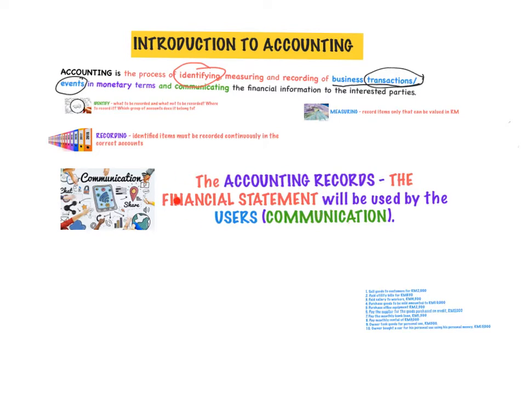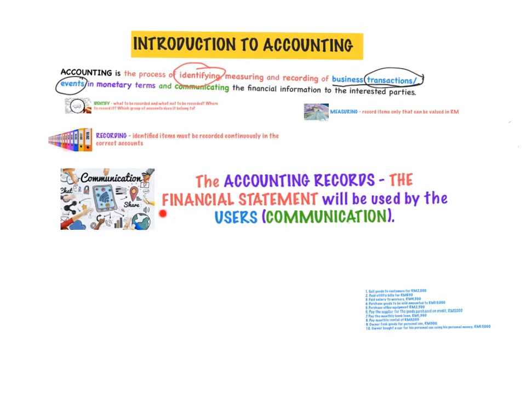In the financial statement, it will show you how much profit or loss the business has made. This is why we do the financial statement, because we want to see the profit or loss that the business has made for that particular year.